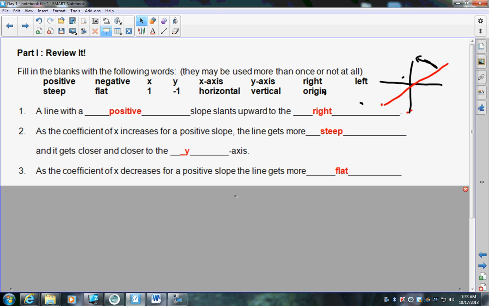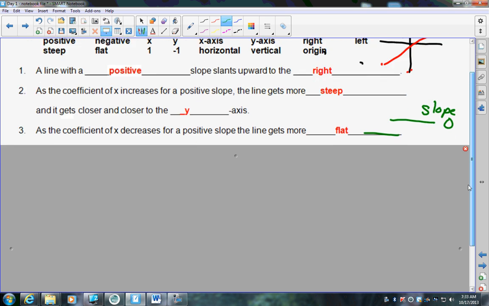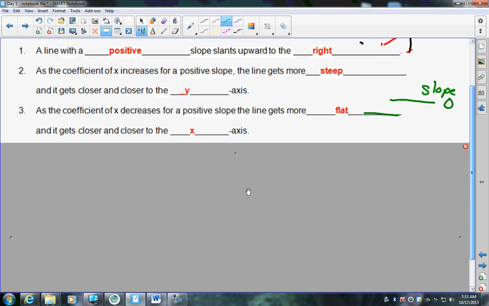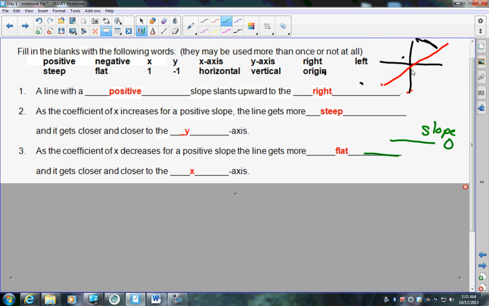Remember that the slope of a horizontal line is 0. So the closer your number is to 0, the flatter your line, and it gets closer to the x-axis. Well, that's because a horizontal line, that's what the x-axis is. It's a horizontal flat line which has a slope of 0.